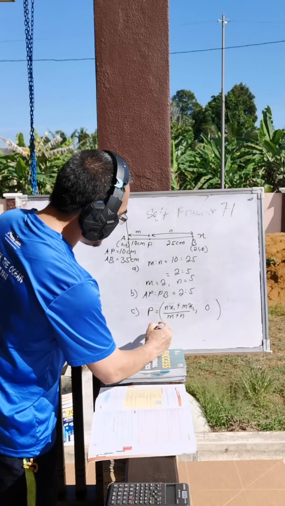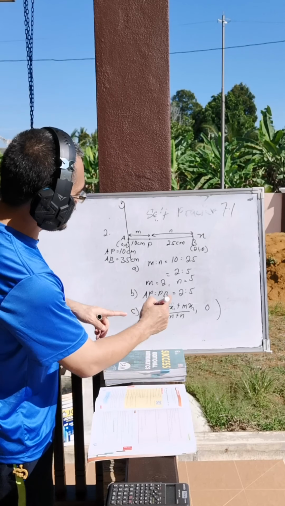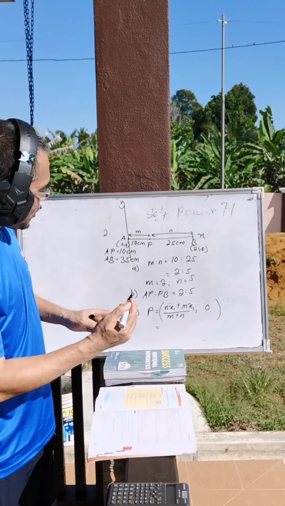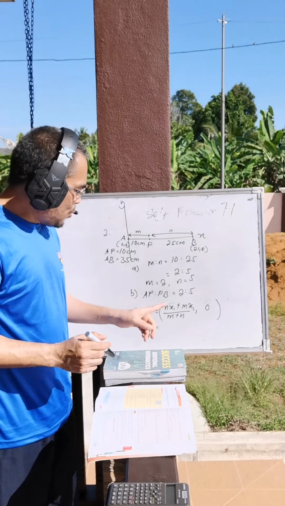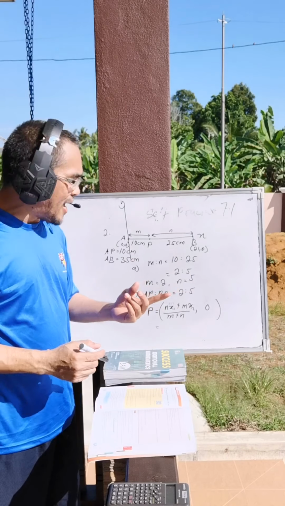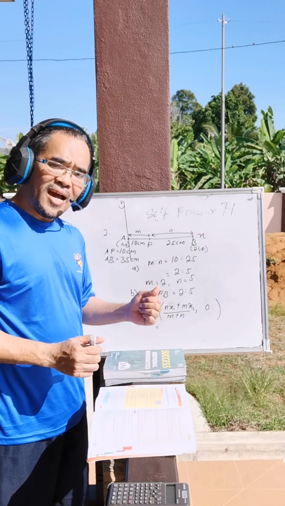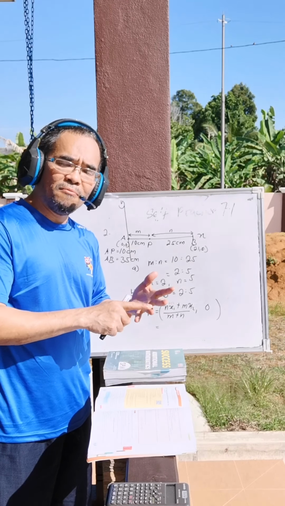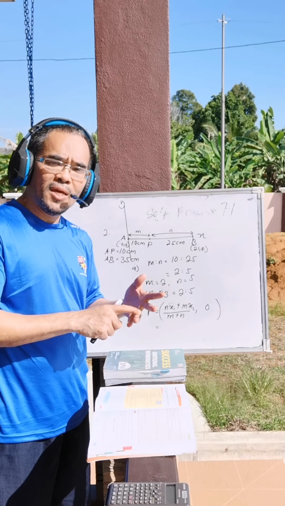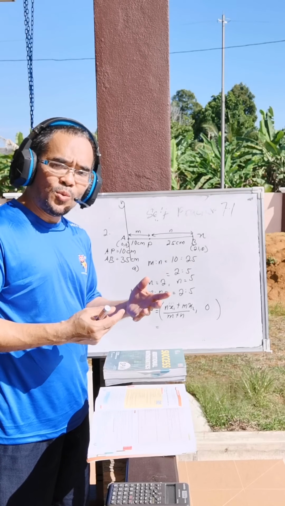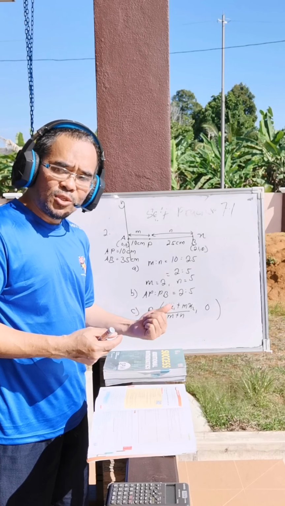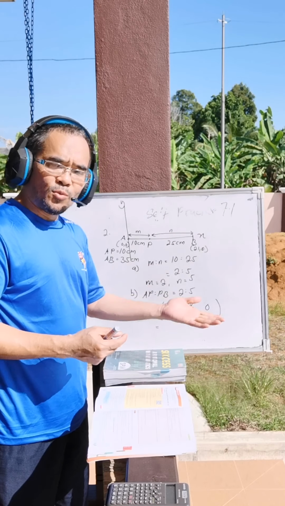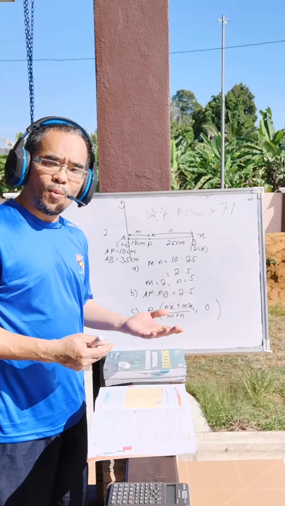So in this case, you just replace, N will be 5. So which one is x1 and which one is x2? Unlike gradient and midpoint and many other formulas that we use in coordinate geometry, this one you cannot simply say I want A as x1, y1 or B as x1, y1.